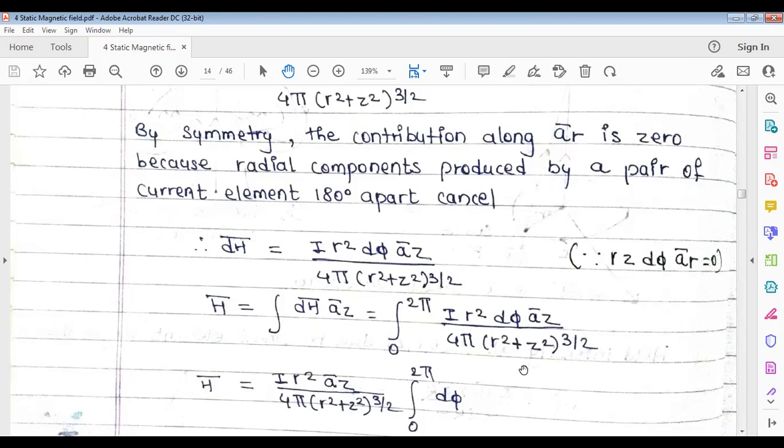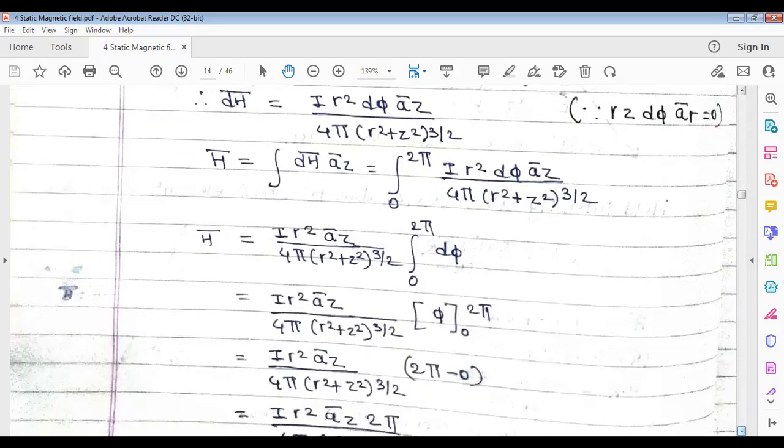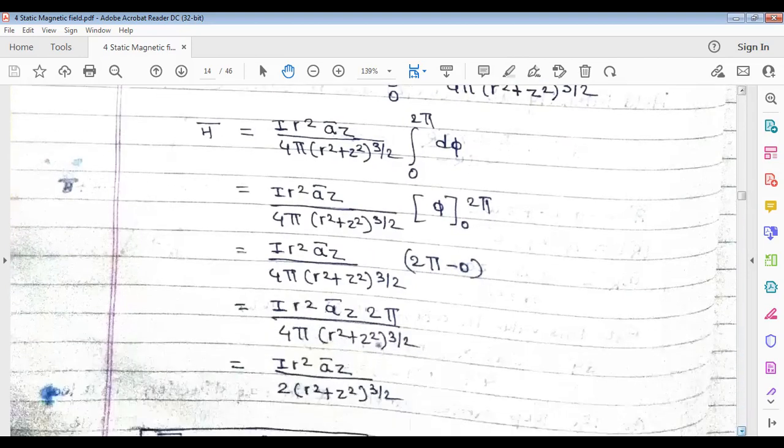The term is as it is here. Now integrate; the variable is only phi. So it is I r square divided by 4 pi, r square plus z square raised to 3 by 2, into a bar z, which will be a constant here, and the integration from 0 to 2 pi of d phi. The integration of d phi with limits 0 to 2 pi gives 2 pi minus 0, simply 2 pi, and 2 pi over 4 pi leaves only 2 in the denominator.